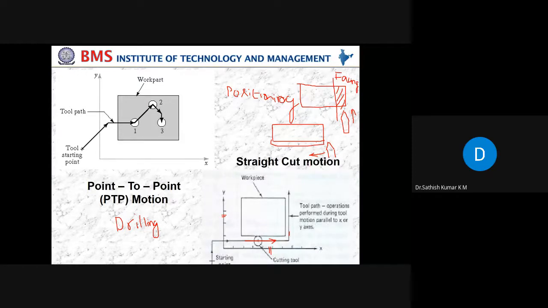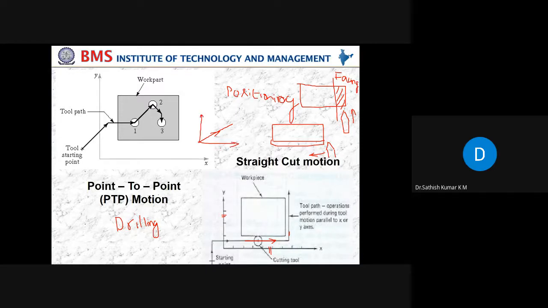Now you should understand at this point of time that the motion of the tool will not always be parallel to one of the axes. I may have to move in an inclined direction. If I want to move in an inclined direction, how does the tool have to move?